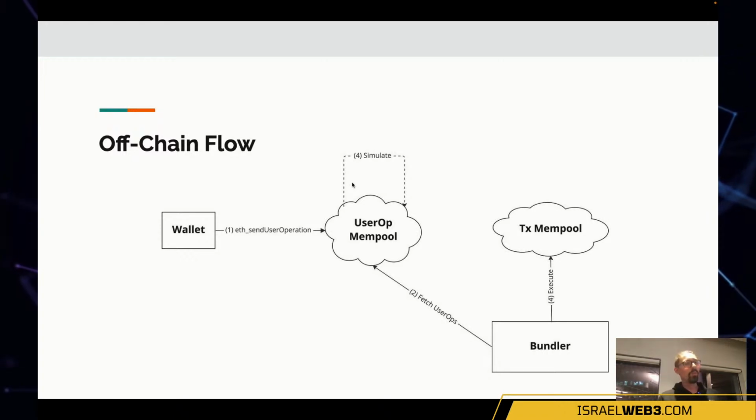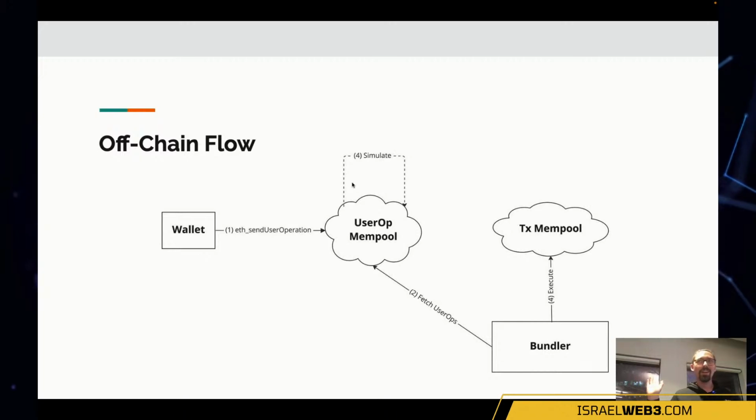So the operation goes to the user op mempool. It needs to be simulated, basically checked that someone can pay the gas before the execution. Then the bundler, which is the node of the system, basically all of the user op mempool, the bundler, and the TX mempool can run on one node.